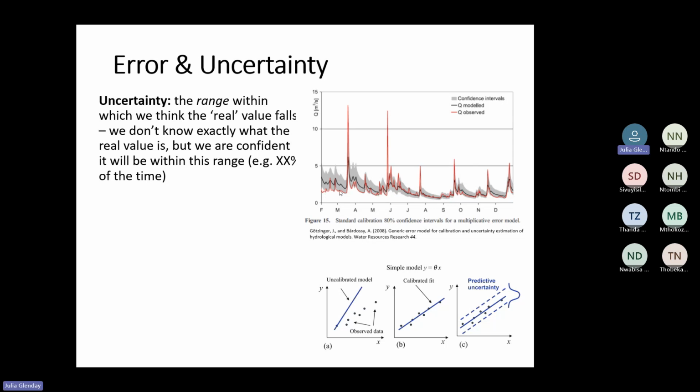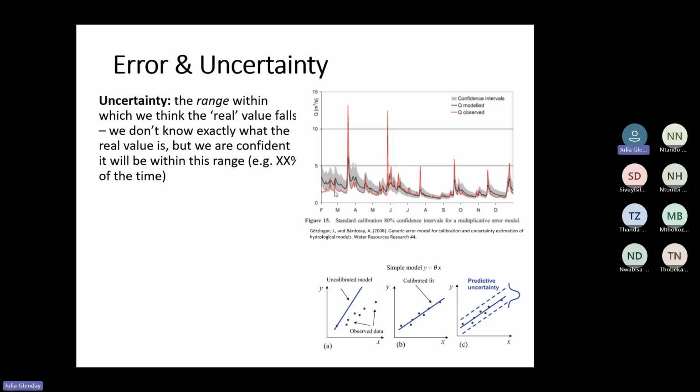The red line is the observed stream flow, and the black line is a modeled output for one set of parameter values, for example. And then the gray band represents an uncertainty bound that captures the observed data, in this case, about 80% of the time.